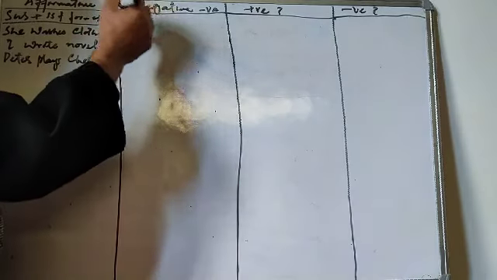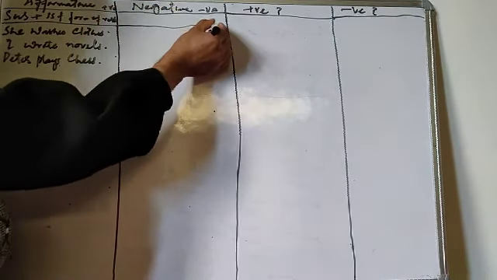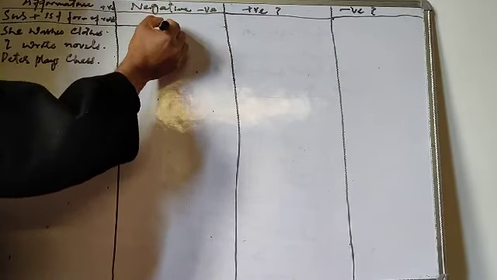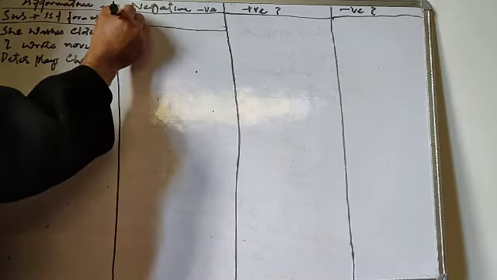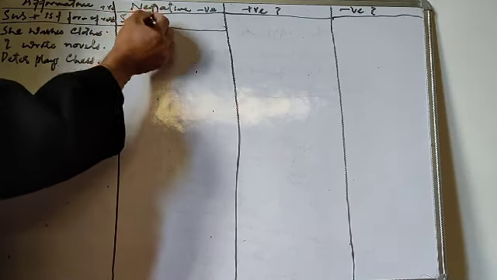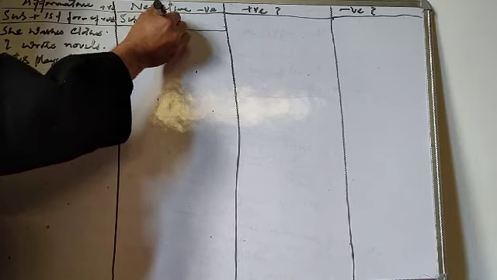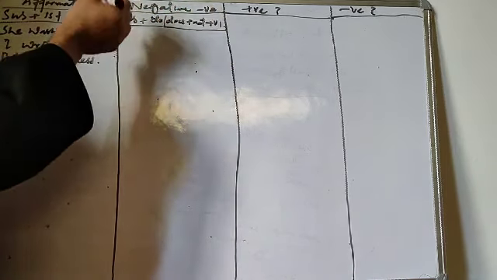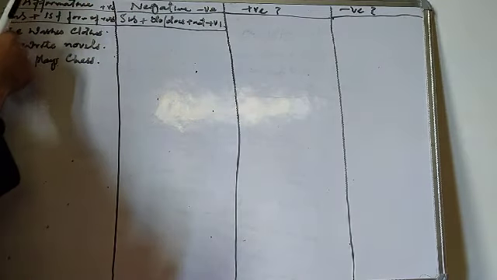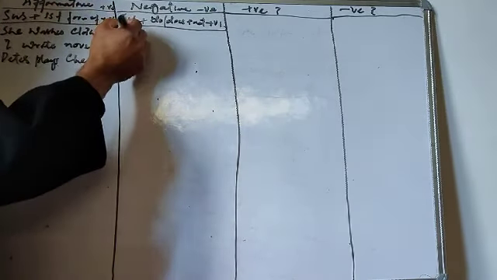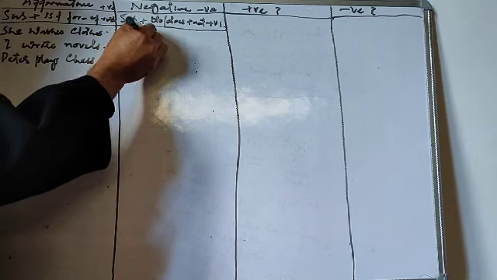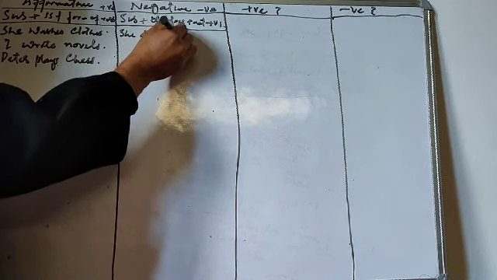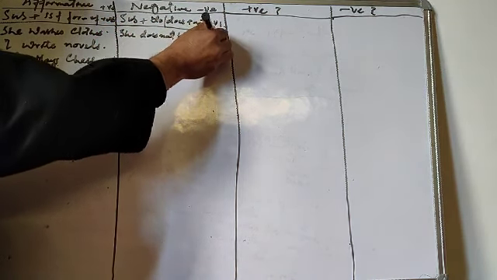Let us change it into a negative sentence. For a negative sentence, we need to introduce not. It would be like this: subject plus do, does plus not plus V1. By changing she washes clothes into a negative sentence, we say she does not wash clothes.